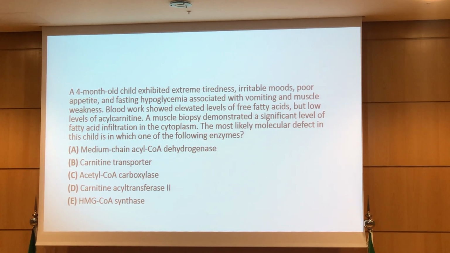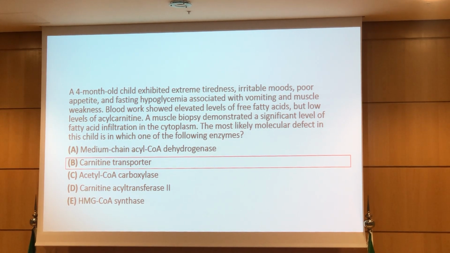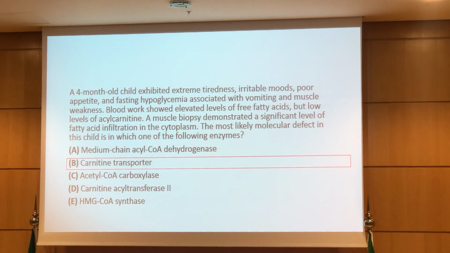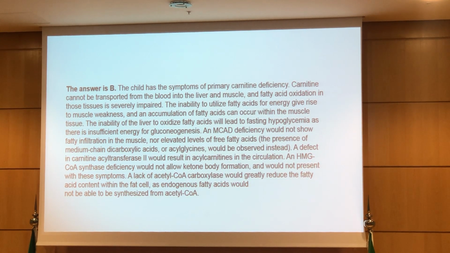In other words, the transporters CPT1 and CPT2 are working okay. So you could be missing the actual carnitine. All right? And this child is missing that. And there's the answer. Okay? So you're missing carnitine as a transporter. And there we go.